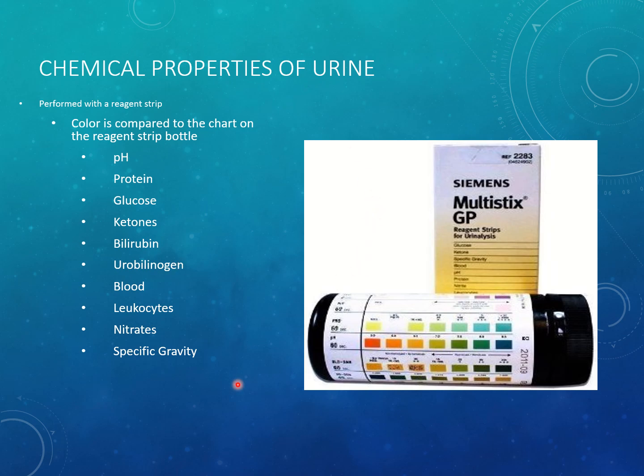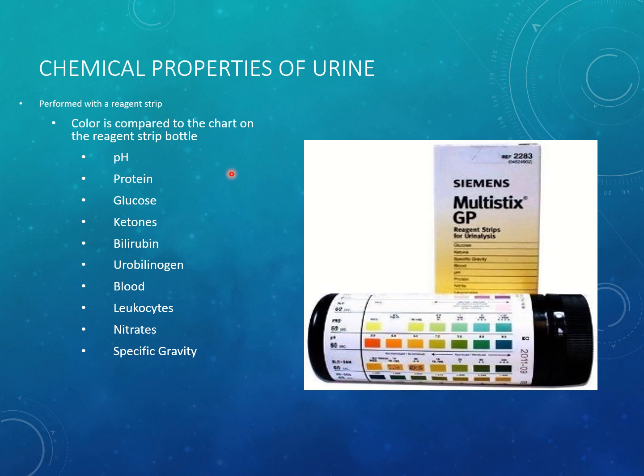But the elements that are on the strip are chemical reactions that take place on the urinalysis strip when it contacts the urine. And then we hold up our strip to the side of the bottle here, and we read and find out. So, for example, if you're looking at protein, you'd follow it across and match the color.